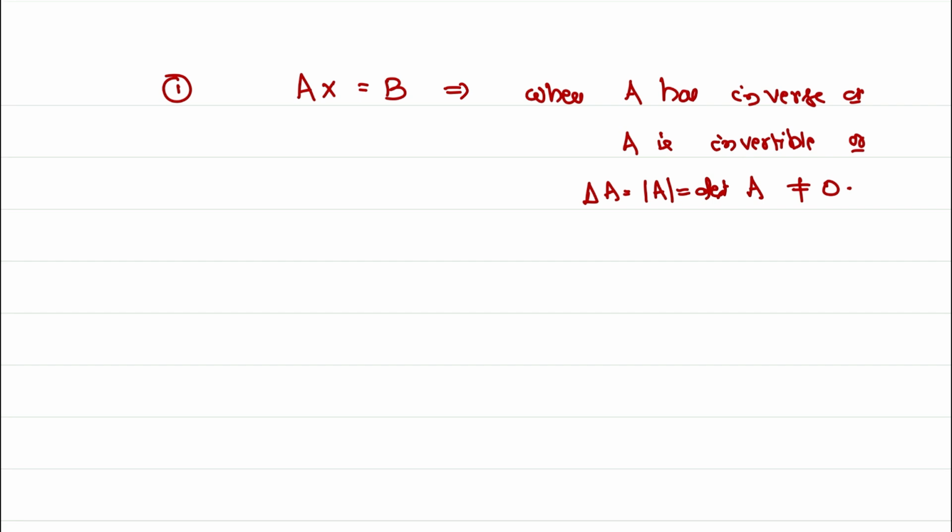Now, we have written AX equals B. Now we will be operating whatever elementary row operations on it, and we will keep X as it is.